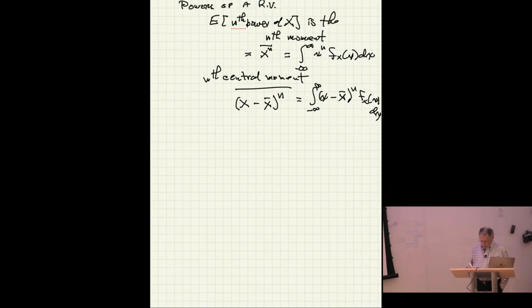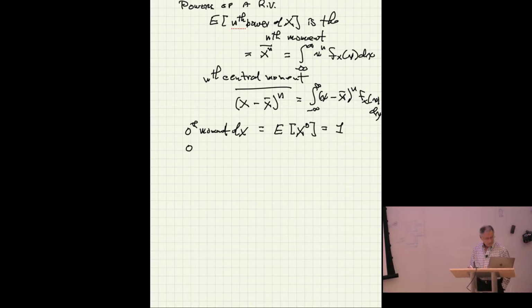So let's do a couple of things. Let's look at the 0th moment of x. That's basically the expectation of x to the 0. And what is that? What is x to the 0? Right, it's 1. So the expectation is simply 1. That's easy.